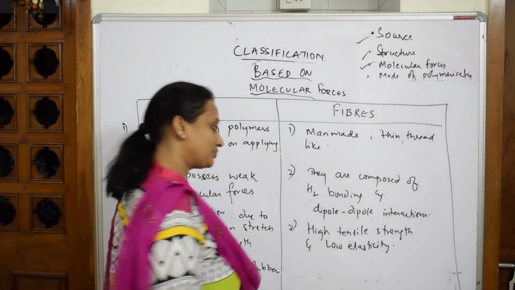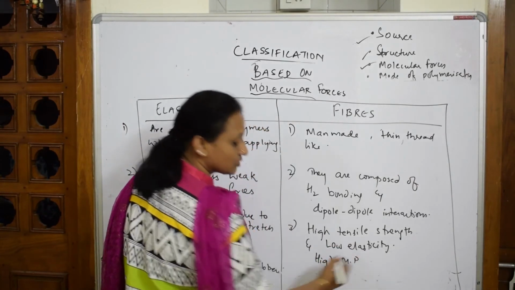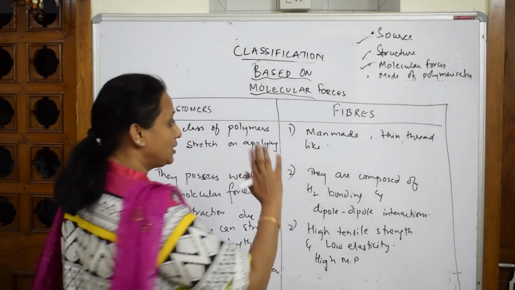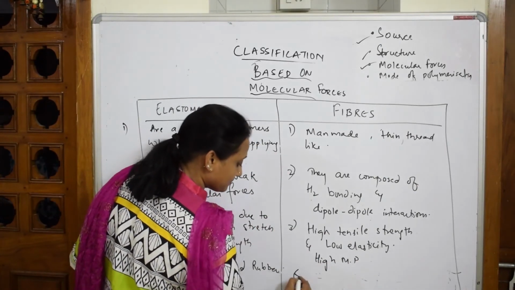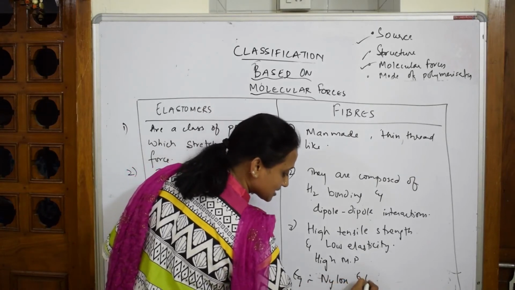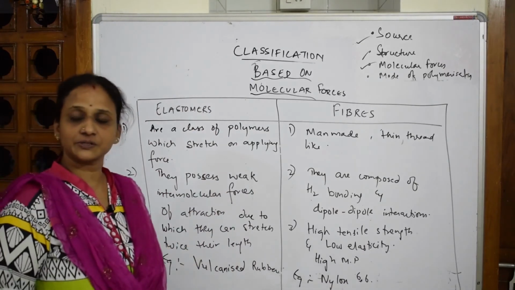Because of this, they have high melting points. For the example, nylon 66 I felt is the best example for fibers. I could write many others also, but nylon 66 would be a better example for fibers.